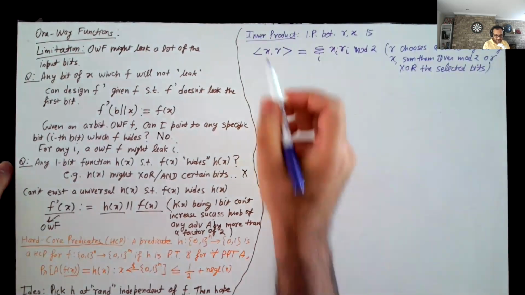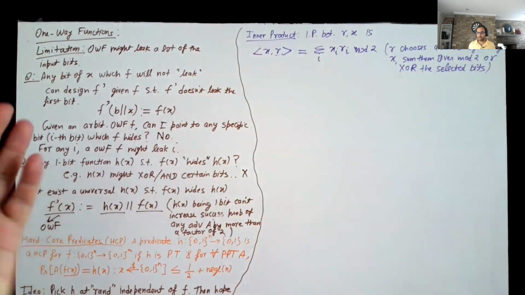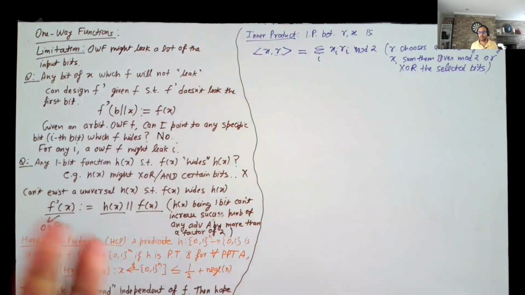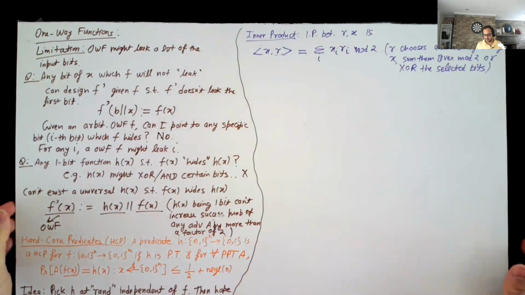As an example, let's say the first bit of R is 1, every other bit is 0. Then we will just select the first bit of X, and the output will be the same as the first bit of X.